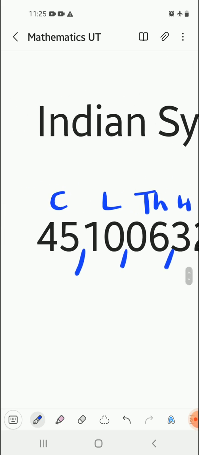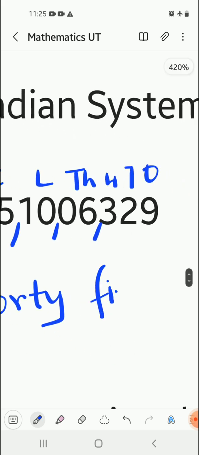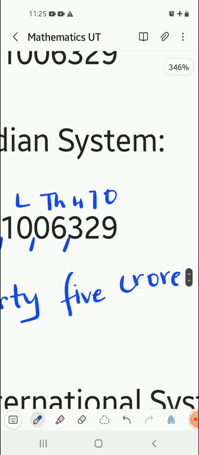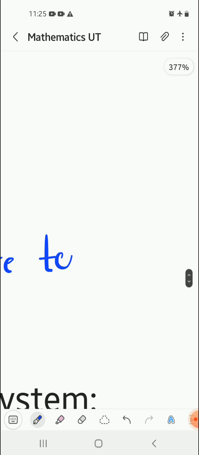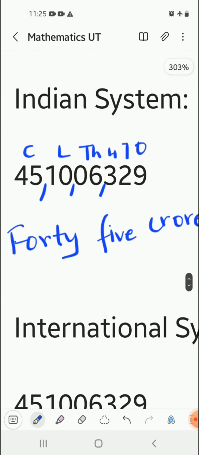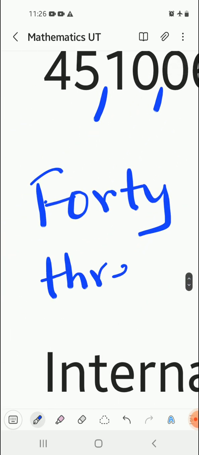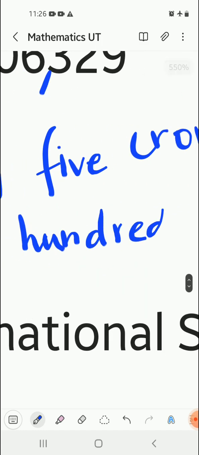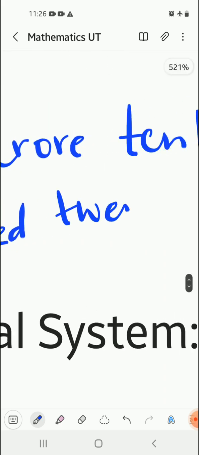So this is written as 45 crore, 10,06,000, 329.